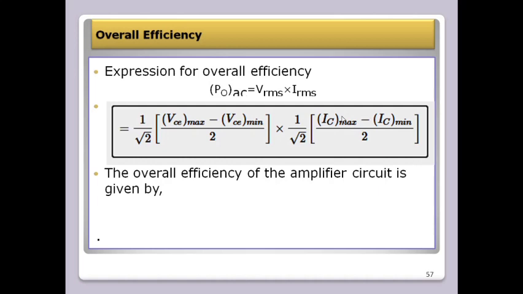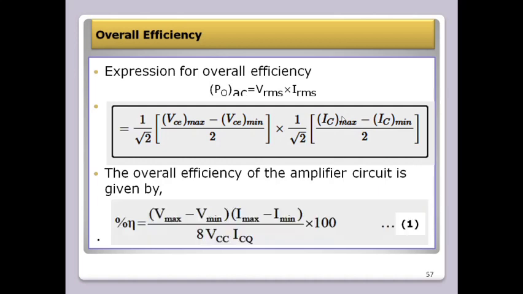So here I can write the overall efficiency of the circuit as (Vmax minus Vmin) into (Imax minus Imin) by 8 into VCC ICQ into 100. That is the percentage efficiency of the amplifier here. Okay, this is the overall efficiency equation.